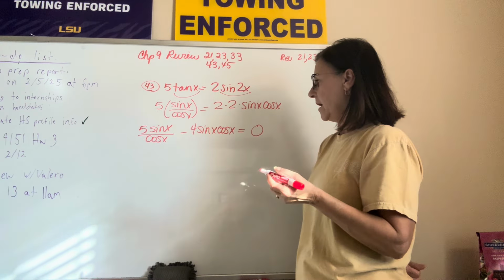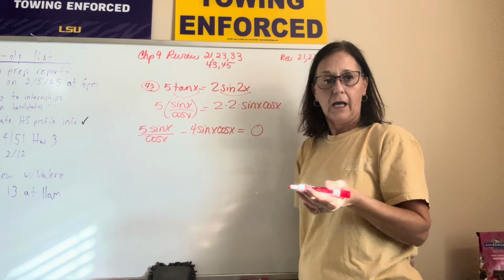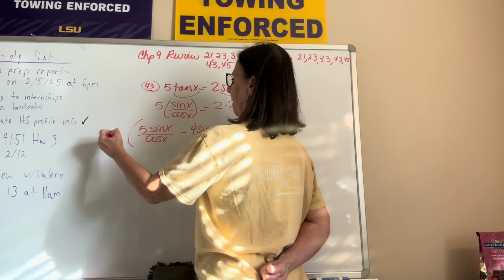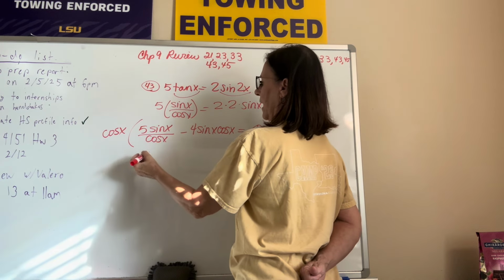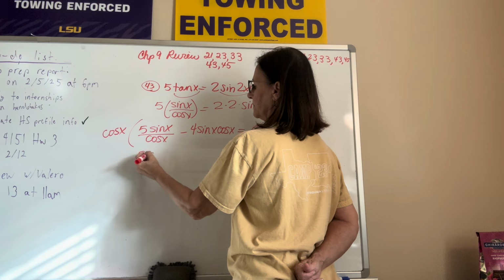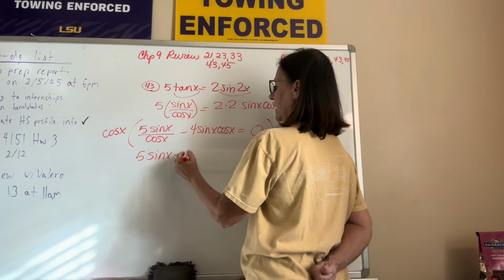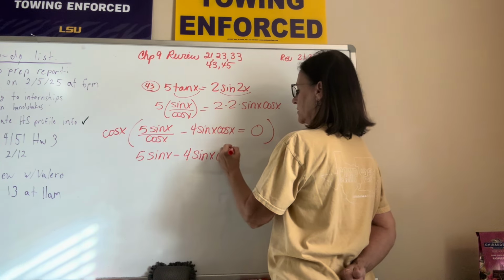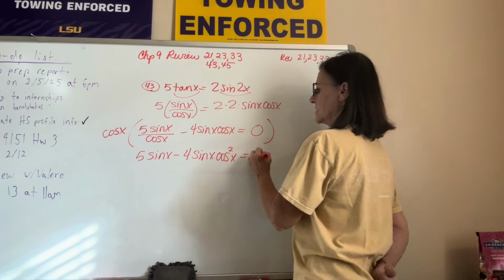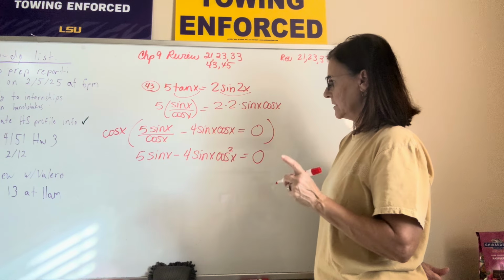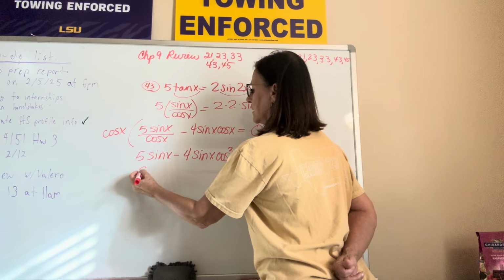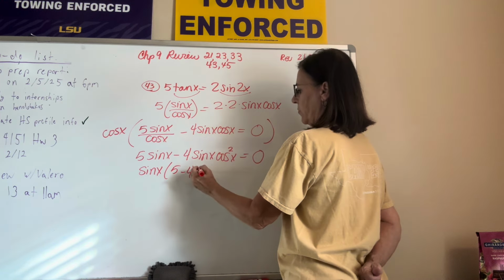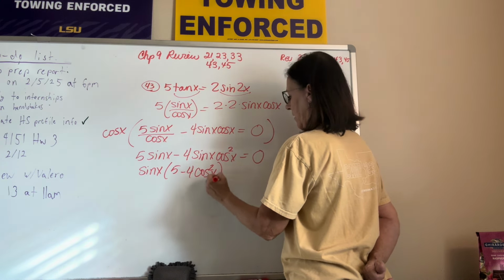If I eliminate the denominator by multiplying everything by the cosine x, then I end up with 5 sine x minus 4 sine x cosine squared x equals 0. I can factor out the sine x. Sine x, 5 minus 4 cosine squared x equals 0.